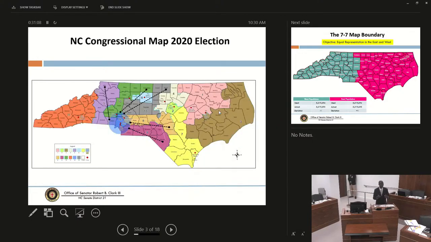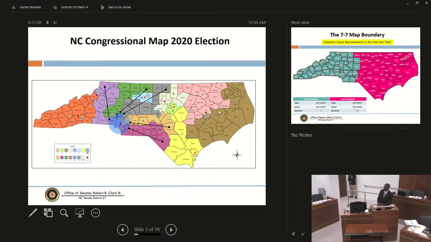So first of all, this is our current congressional plan. And if you look at it, you see in the center near Mecklenburg County, there's a circle there. From the center of Mecklenburg County out to that circle is a distance of about 20 miles. Within that tight radius, we have 4 congressional representatives.